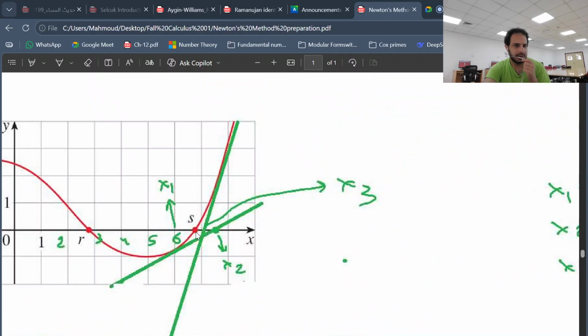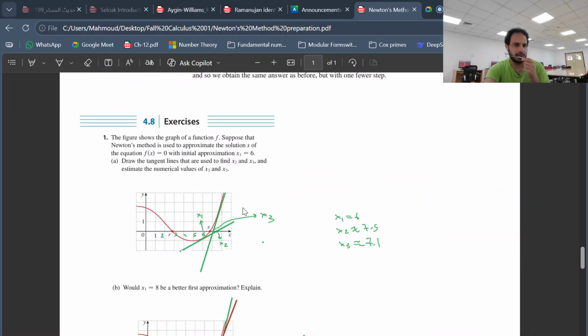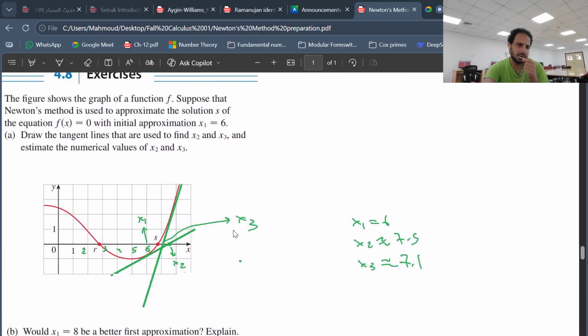So this question is for choosing x1 equals 6, then x1 equals 8, to see which approximation is better. I mean, which of x1 equals 6 or x1 equals 8 is better to approximate the solution? Let's see here.